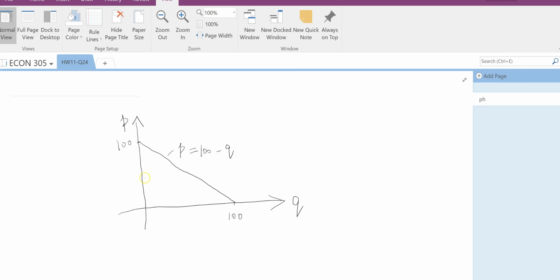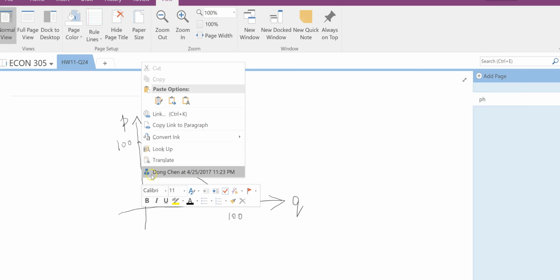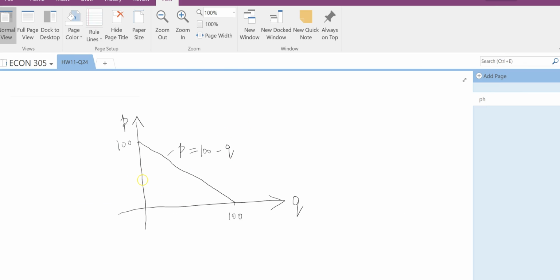And now I know that the price, as we just discussed, the profit maximizing price is 50. So this will give me the corresponding quantity. And in this case, the quantity should also be 50, right? Because the slope of this inverse demand curve is negative 1.